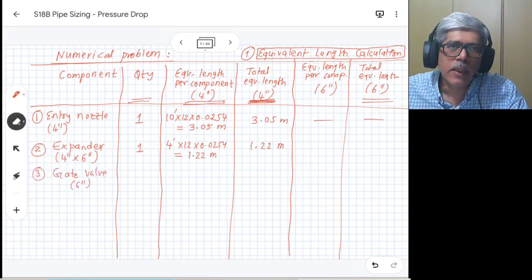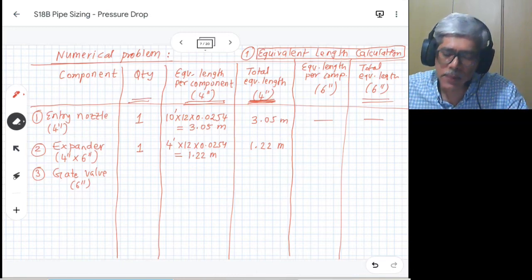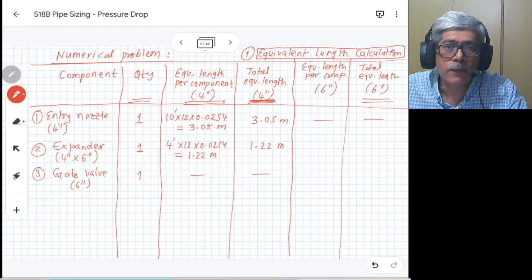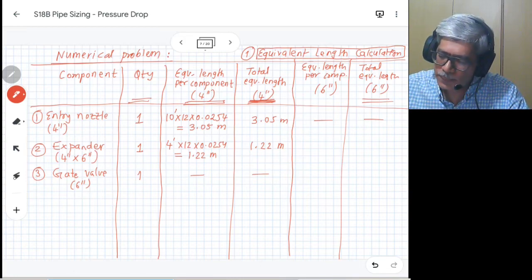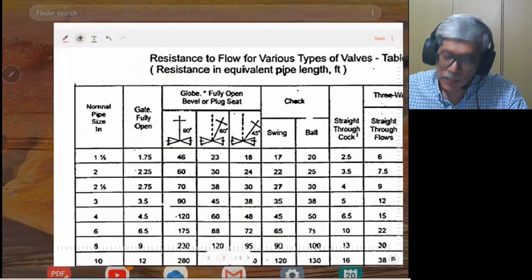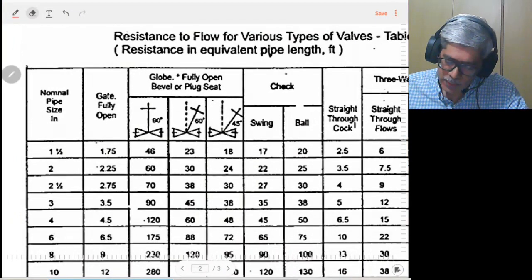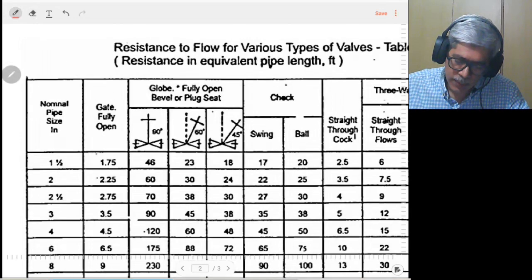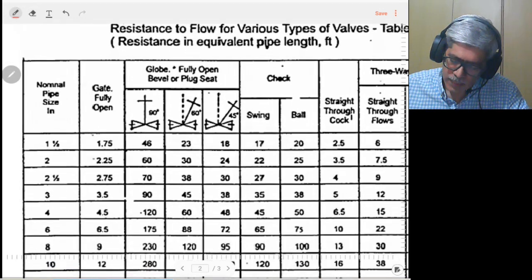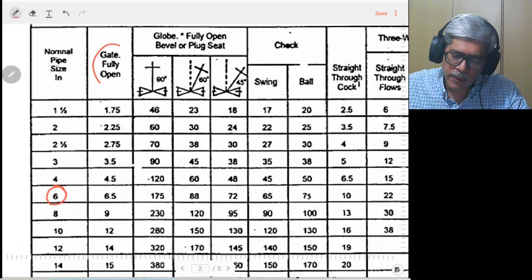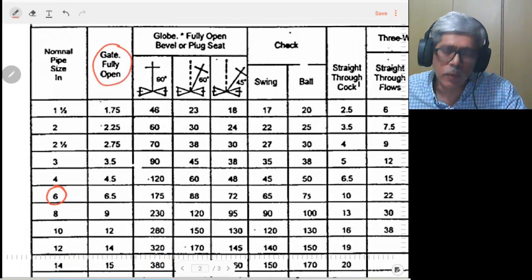The next item is a 6-inch gate valve. Note that we have now entered into the 6-inch pipeline. So the quantity is 1 and it is of 6-inch size. We'll go to the table corresponding to the gate valve. In this case our size is 6 inches and we are considering the gate valve in fully open condition.